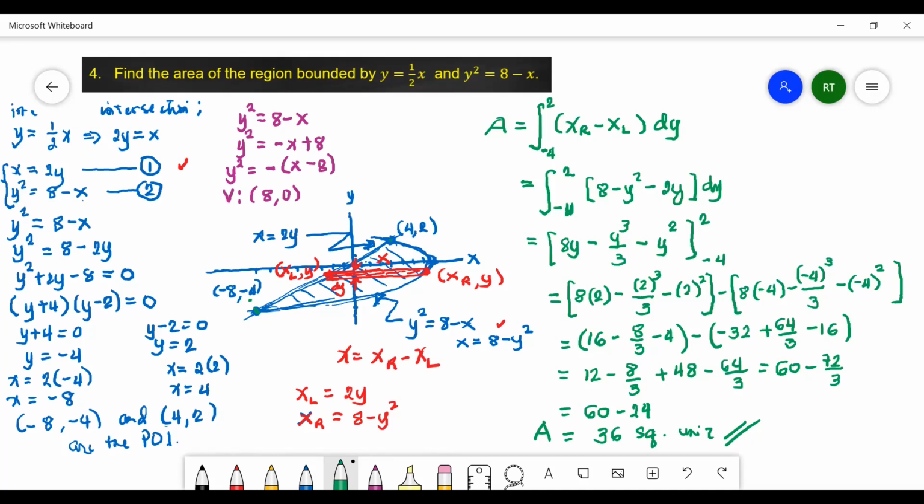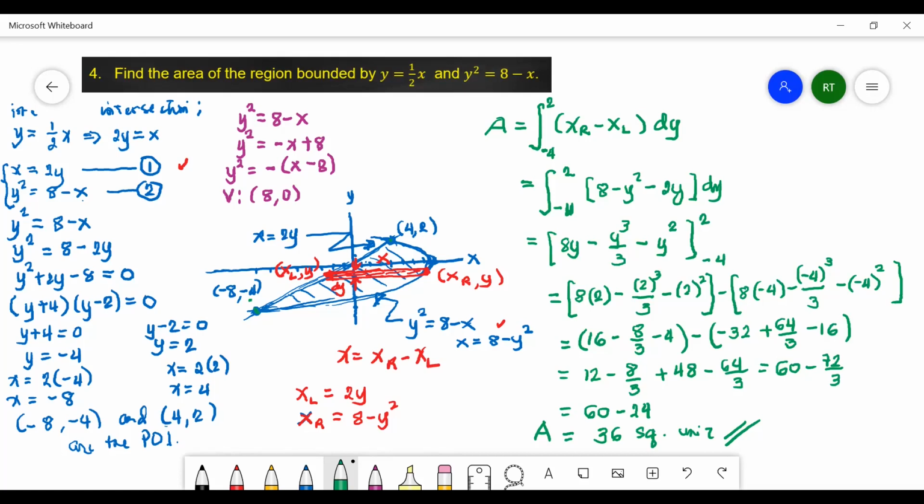You will notice that, just like in example number 4, the region is bounded on the right by the parabola and on the left by the straight line. So if we draw any horizontal element within the region, it will always be bounded on the right by the parabola and on the left by the straight line.